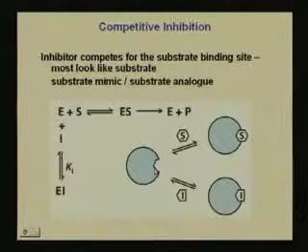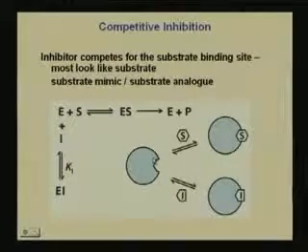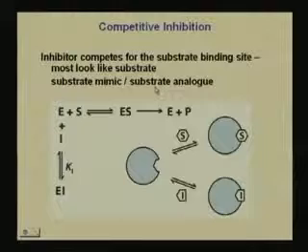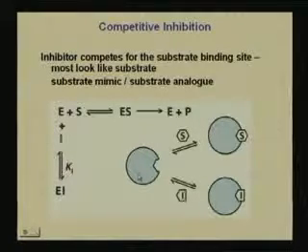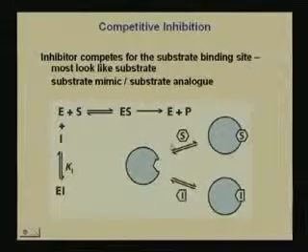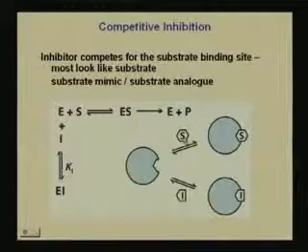If it has to compete for the same site, since the active site is so specific, it has to look like the substrate, which is why it is also called a substrate mimic or a substrate analog. So if you want to design an inhibitor that is going to act on this particular active site of this enzyme, you have to design something that looks like the substrate.